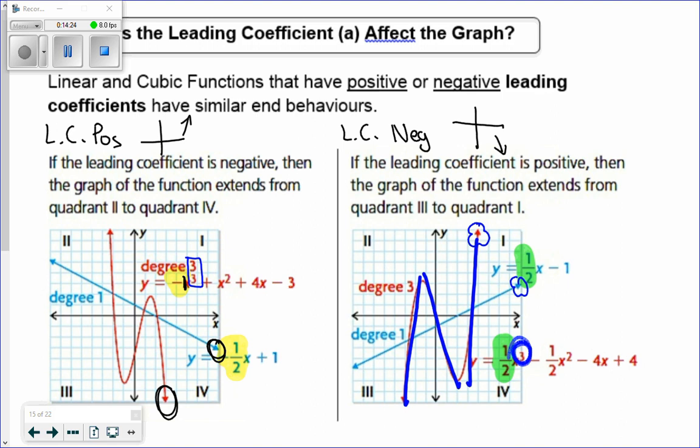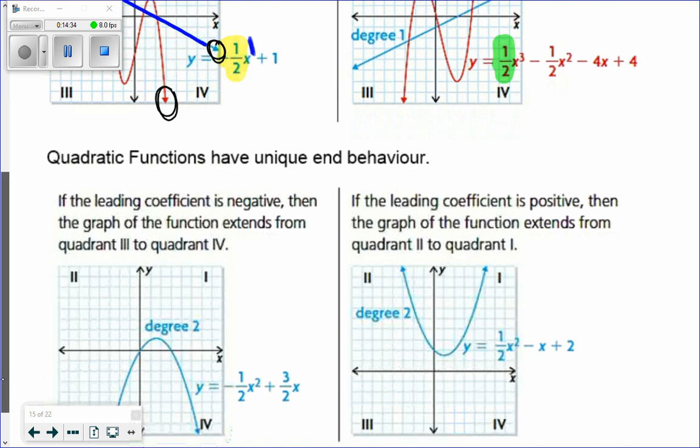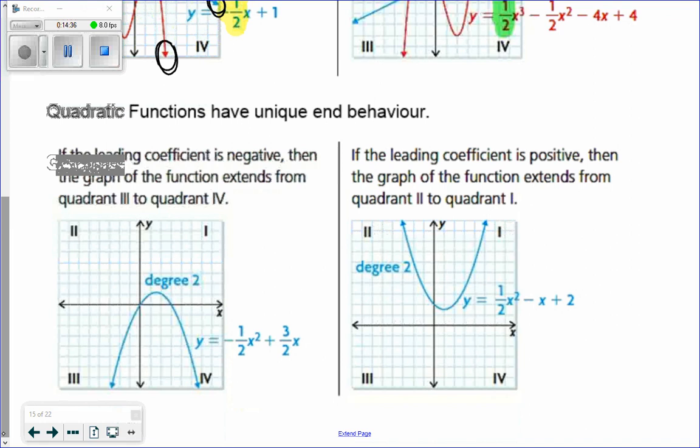A linear graph, x to the power 1, 1 arm. Think about a quadratic. A quadratic is x squared, 1, 2. So you can combine all of this and actually draw a pretty accurate picture.